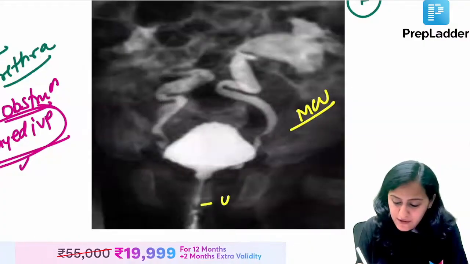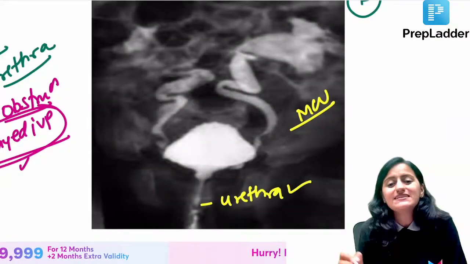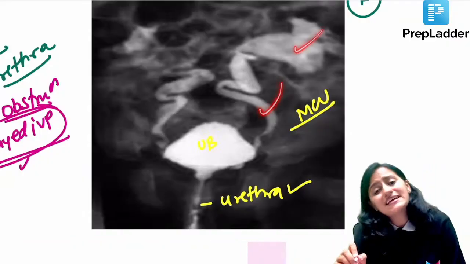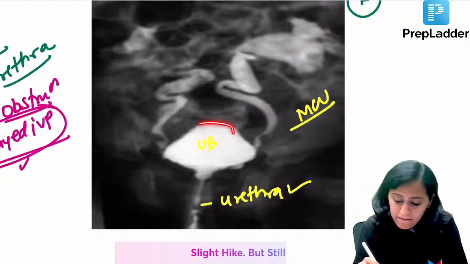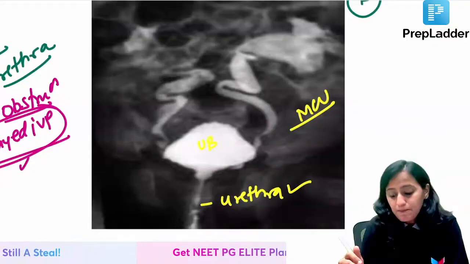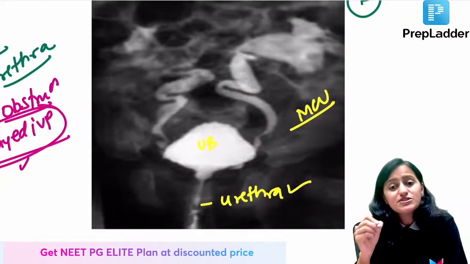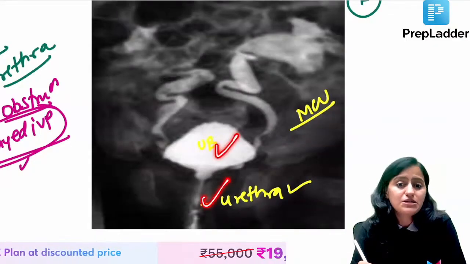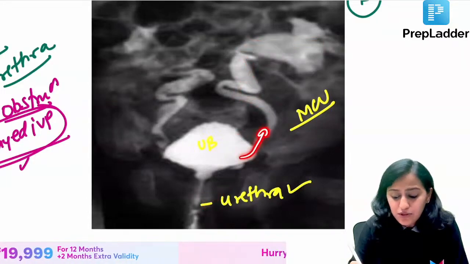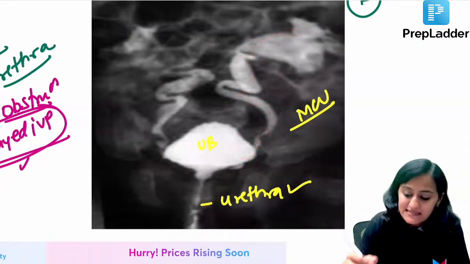In IVP, you do not see urethra. You can see the urethra here. You can see the bladder here. You can see the ureter and kidney also. So what is this? Basically, this is micturating cystourethrogram. The abnormality here is that a cystourethrogram should show bladder and urethra. You are seeing the ureter and the kidney, telling you that the contrast is refluxing back.